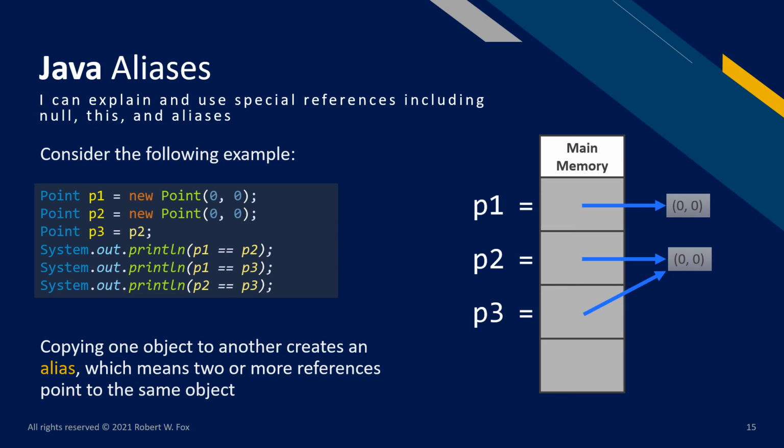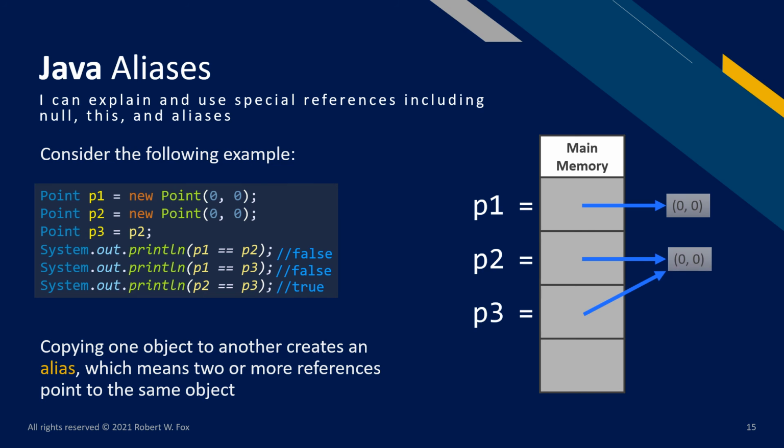Now, if we look at our print line statements, the first print line is P1 equal equal P2. And so this is going to be false because if we look at P1 and P2, they both contain references, but they refer to two different point objects. The same is true if we say P1 equal equal P3. Again, both references, but to two different objects.